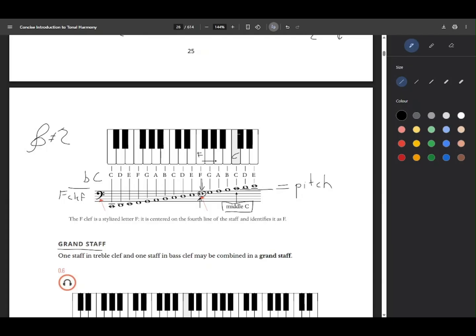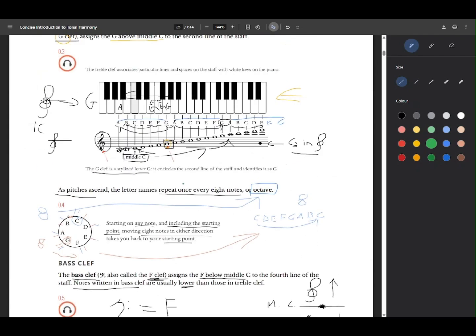As we go up, we get our G, A, B, and this continues up, and continuing down, we have our notes going down. Once again, we have our octave here, A to A, that repeats. We have another octave, C to C, that repeats. Very, very similar concept as our treble clef.